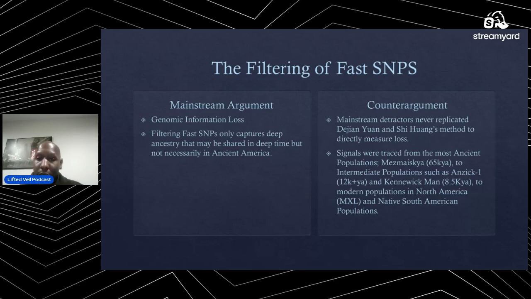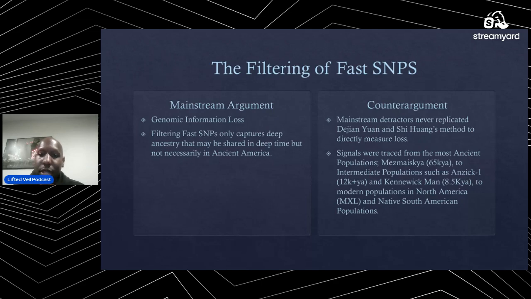My own counter argument to this is that mainstream detractors never replicated Dijon Wan and Chi Huang's method to directly measure loss. So basically, that's a hypothetical claim that hasn't been proven, is what I'm trying to demonstrate here.